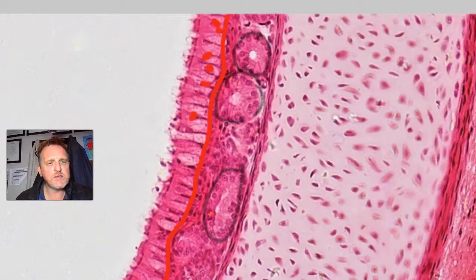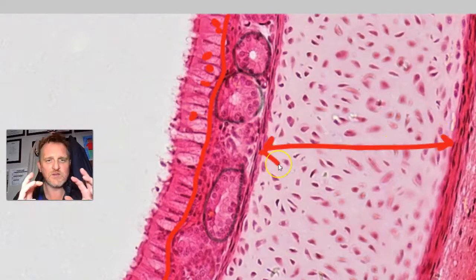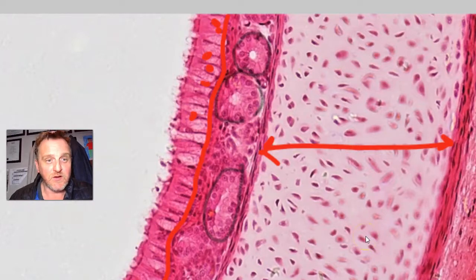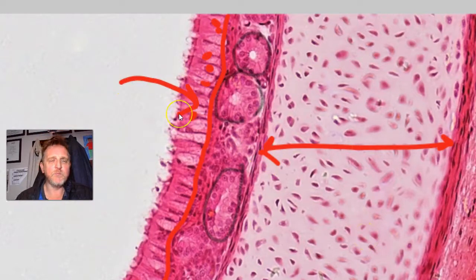Now, in this particular stain, the nuclear stain isn't that great. Anybody tell me what this tissue is? It looks so rough and angular and almost like it's got little pebbles in it. That in fact is cartilage. But sticking with the epithelium, that is a pseudostratified epithelium, and on the top it's got cilia.